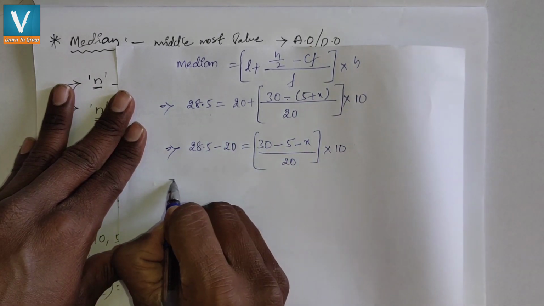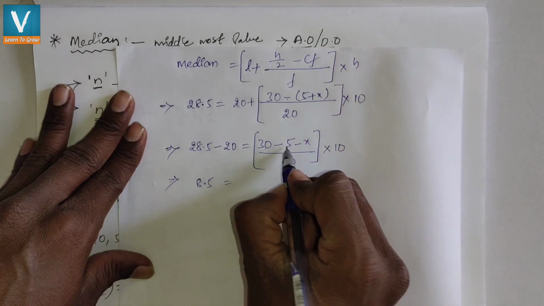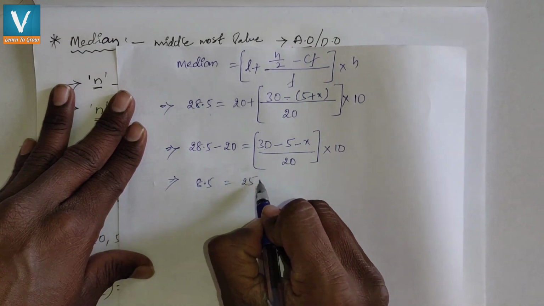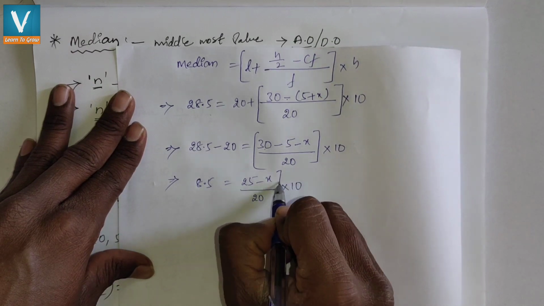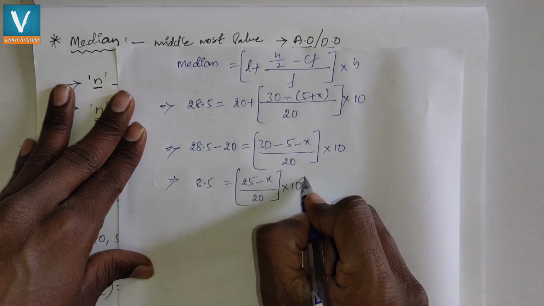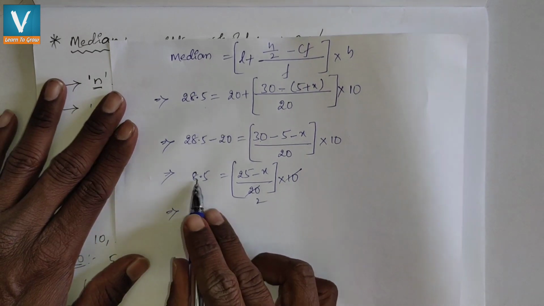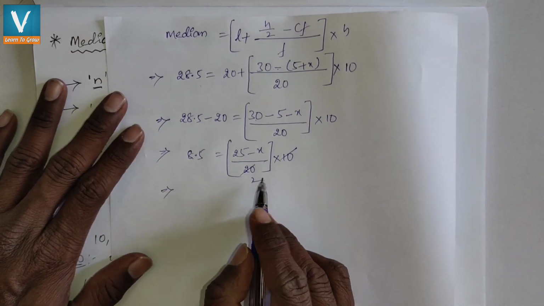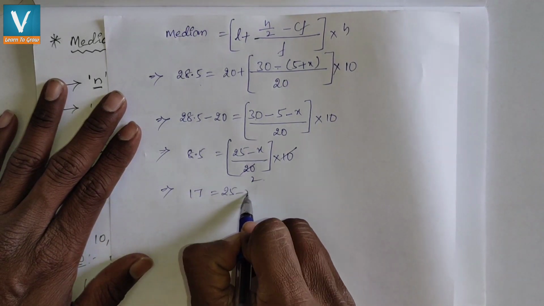Now 28.5 minus 20 is 8.5, equal to 30 minus 5 is 25 minus x by 20 into 10. Just doing the calculation, 10 ones 10, 10 twos 20. Here do cross multiplication: 8.5 times 2 is 17, so 17 is equal to 25 minus x.